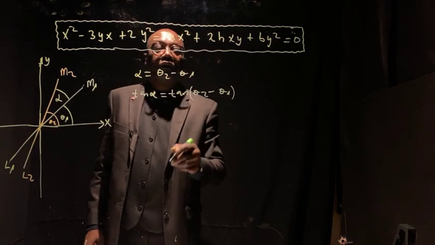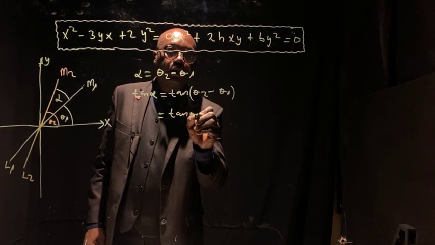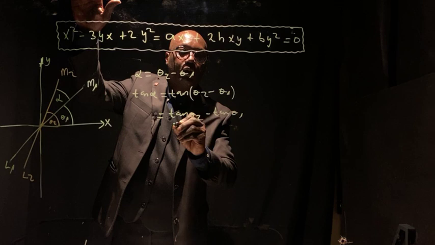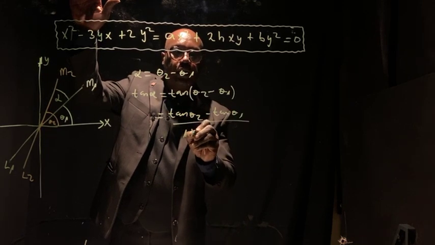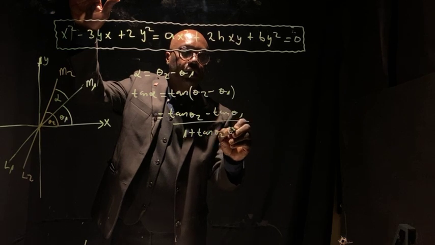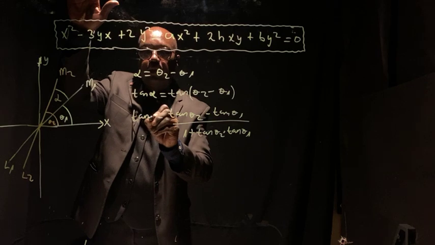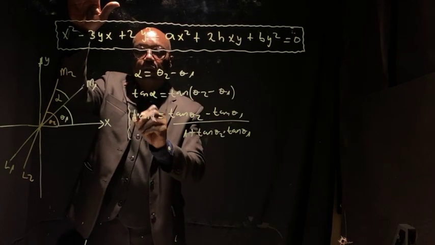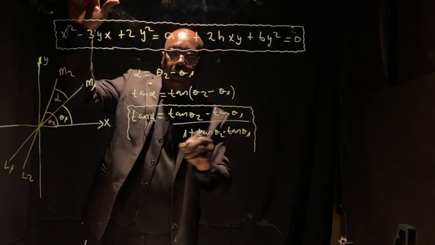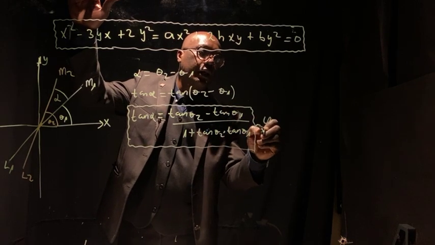So using the compound angle formula, tan alpha equals tan theta 2 minus tan theta 1 all over 1 plus tan theta 2 multiplied by tan theta 1. Good. I'll call this equation 5.